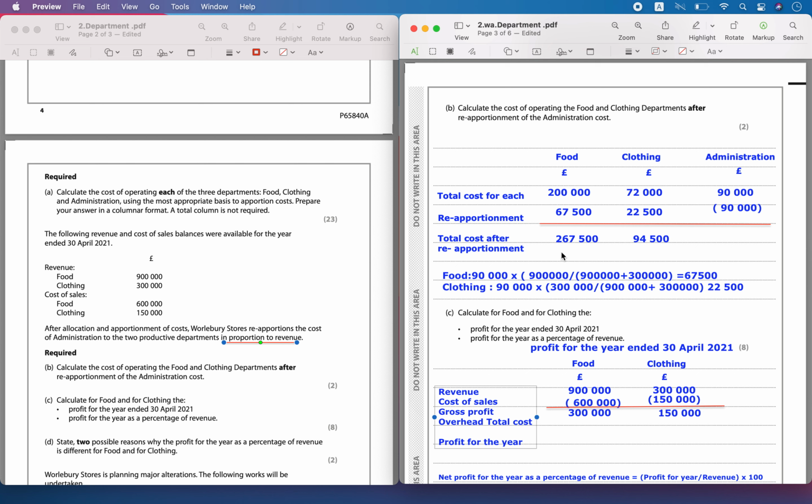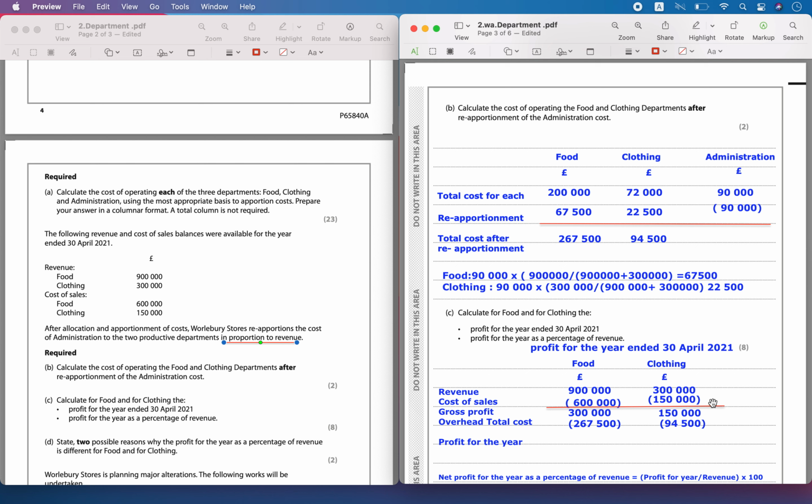Then you have to subtract the overhead cost. The overhead cost for the food department was 267,500, and for the clothing department it was 94,500. So gross profit minus the overhead expenses gives me the profit for the year.